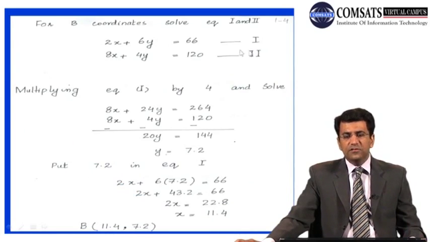Now again, this is our first equation, this is our second equation, and we'll have to equate the coefficients of any of the variables, that is x or y, so that we can subtract both of the equations, and finally we can get the value of a particular variable.